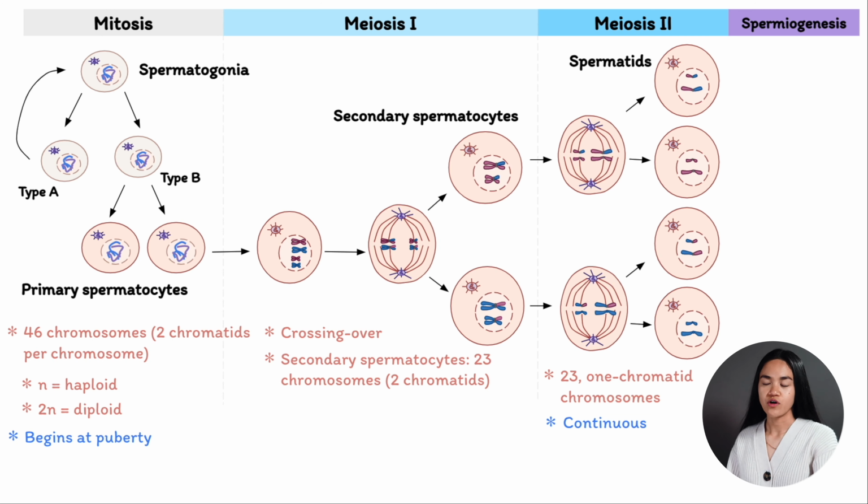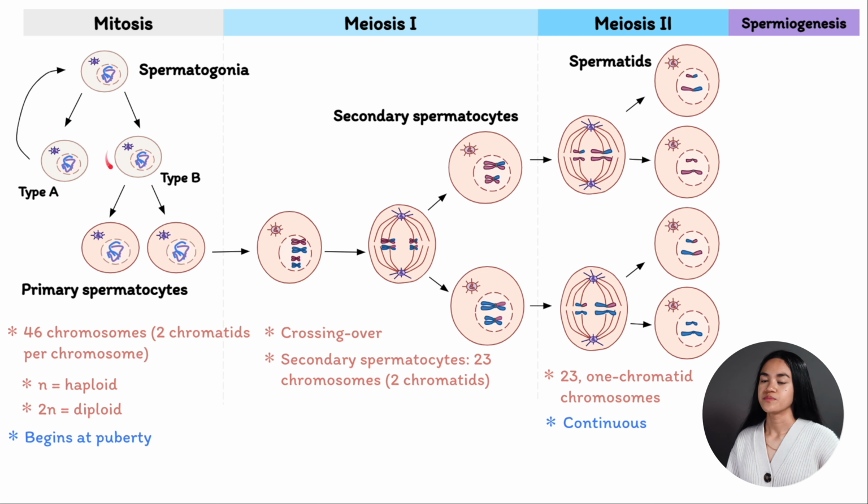Now, before we move on to the last phase of spermatogenesis, let's quickly recap what we've covered, because we've covered a lot. So spermatogonia, which are undifferentiated germ cells, begin to divide mitotically during puberty and produce primary spermatocytes. So this primary spermatocyte contains 46 two-chromatid chromosomes. Type A will remain a stem cell because we want to maintain the supply of spermatogonia.